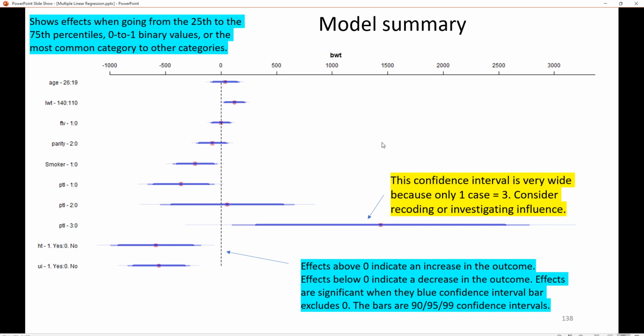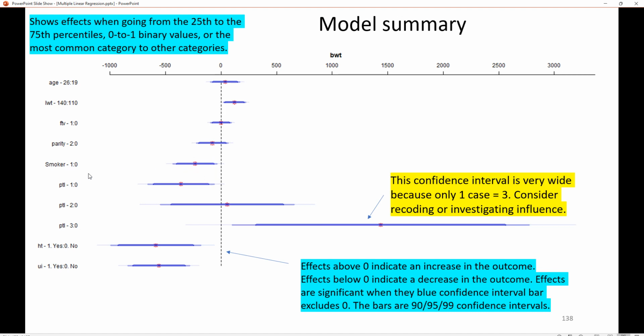So we can see point estimates and confidence intervals. Values to the right of this vertical dashed line show effects that are expected to increase a baby's birth weight, and the things that are below would be things that we would expect to reduce a baby's birth weight.